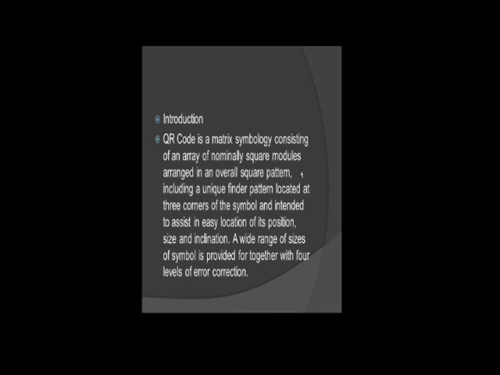The ISO 18004. A QR code is a matrix symbology consisting of an array of nominally square modules arranged in an overall square pattern. And here is the QR code.